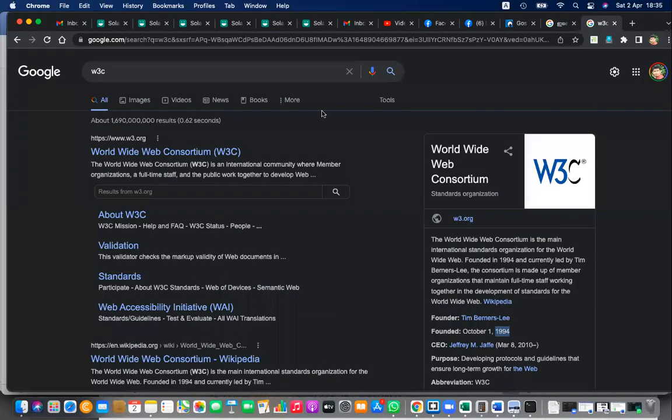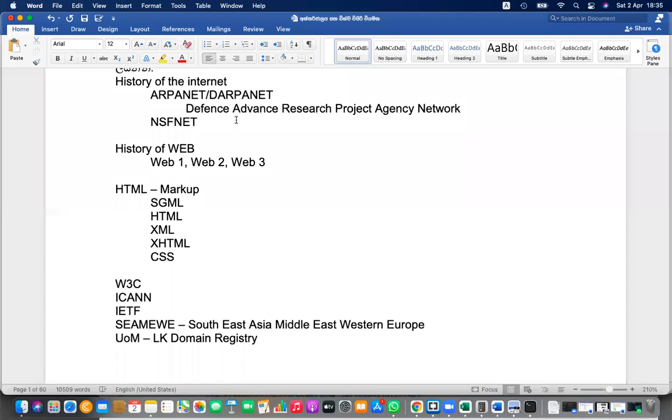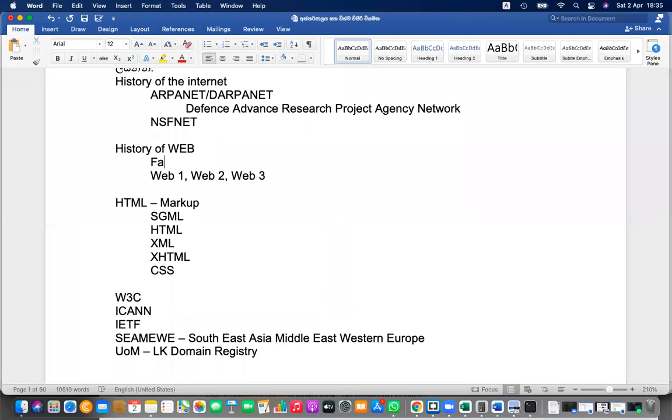But now almost all the services you can access through websites. Okay, what is Web 1, Web 2, Web 3? Any idea? So the father of the web, we learned, is Tim Berners-Lee. He founded it in 1993.